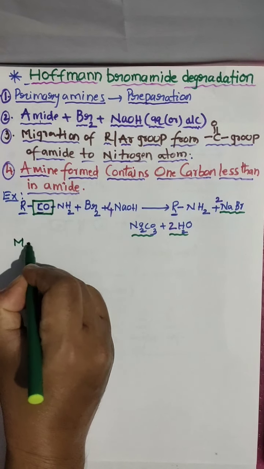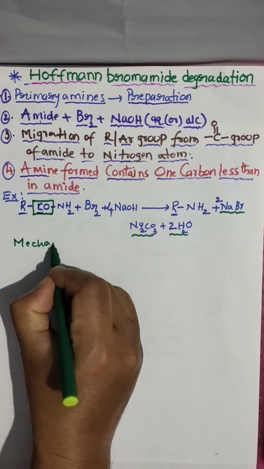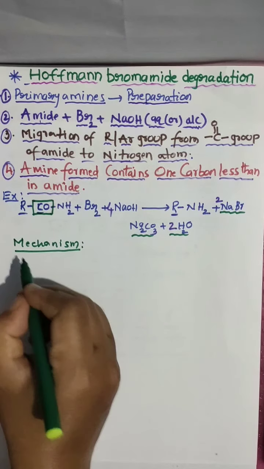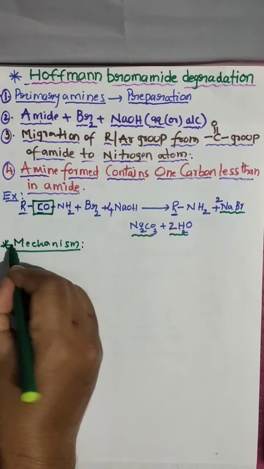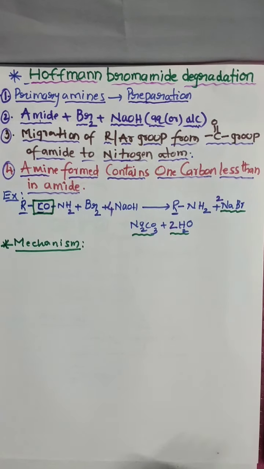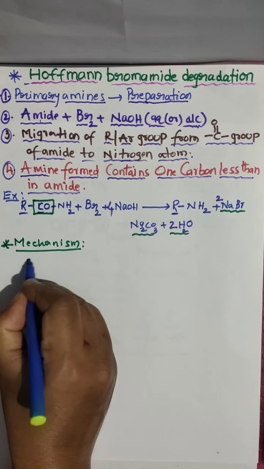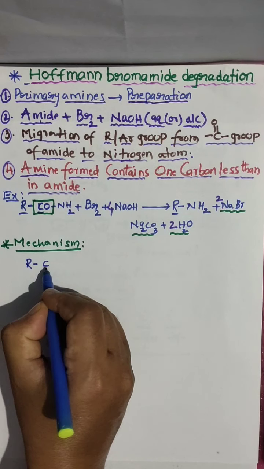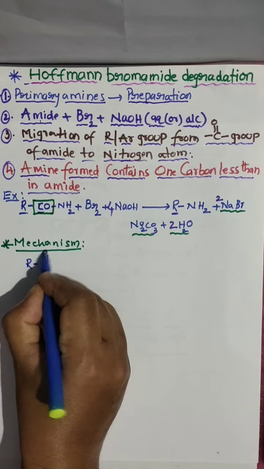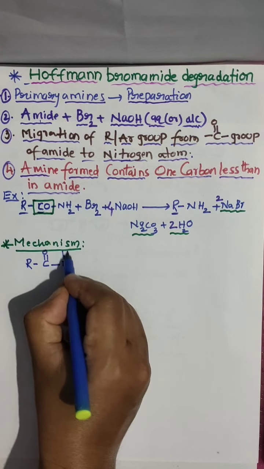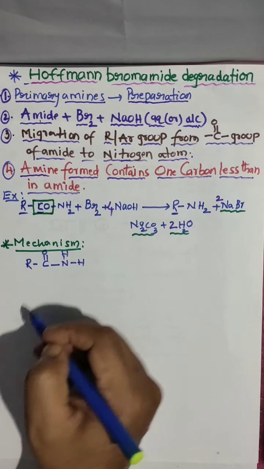So I am going to explain in detail the mechanism of how the Hoffman bromamide degradation reaction takes place. Observe carefully, it will be beneficial for you. First we take amide, R C double bond O NH2. I am splitting NH2 like this.